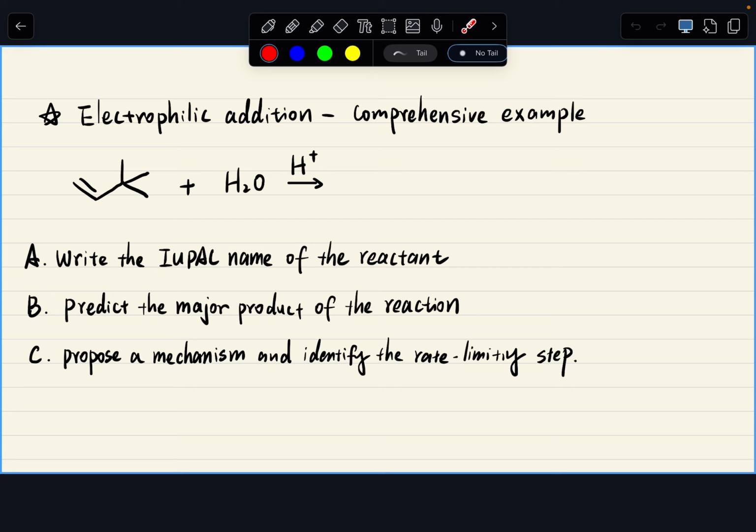All right. So when we're talking about regioselectivity, we have the Markovnikov rule.